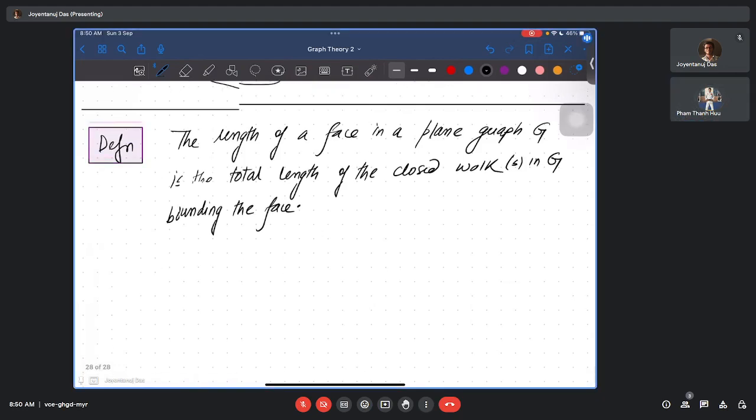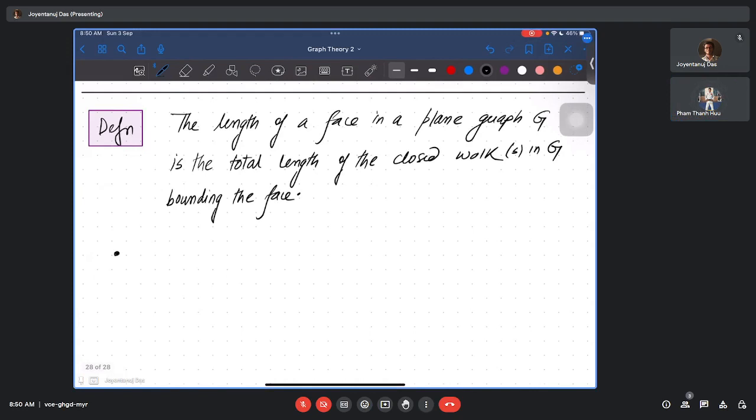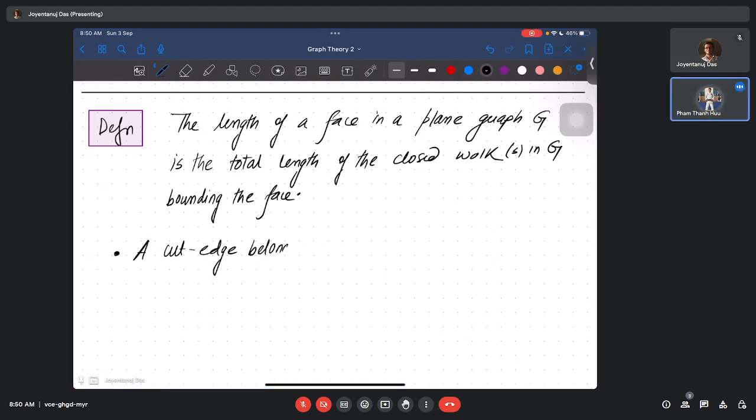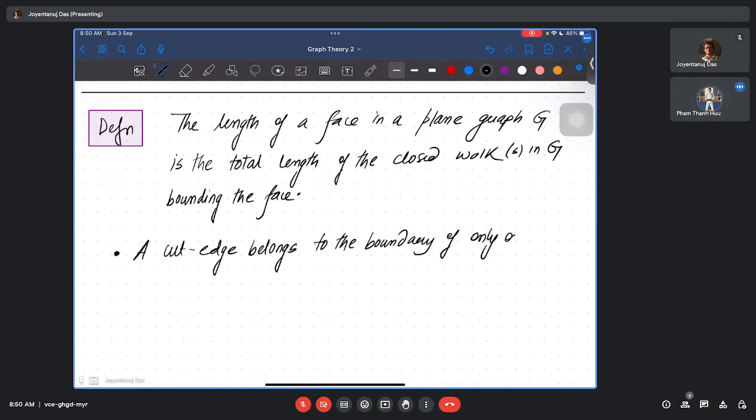Right. So an observation. A bridge belongs to the boundary of only one face, right? So it will belong to the boundary of only one face because both sides of the bridge are actually in the same face, right?